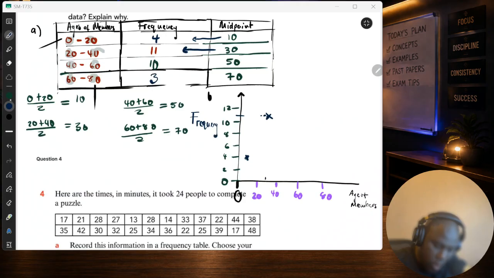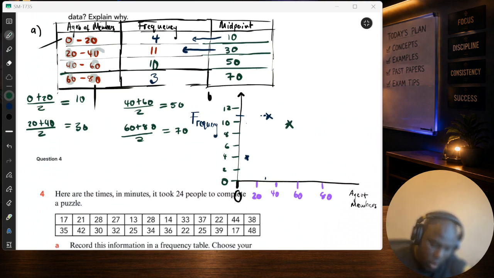Then we look for where 50 meets 10. So 50 is in between here, and we look for where it meets 10. There we go.